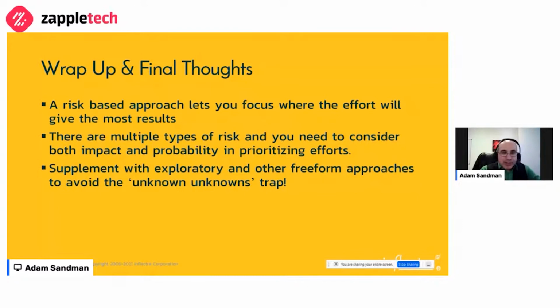Use those metrics to figure out which tests and test activities you can do to mitigate the highest exposed risks. And once you've done that and prioritized your efforts, allow time in the plan to avoid the unknown trap. Make sure there's enough time left to experiment and find things.